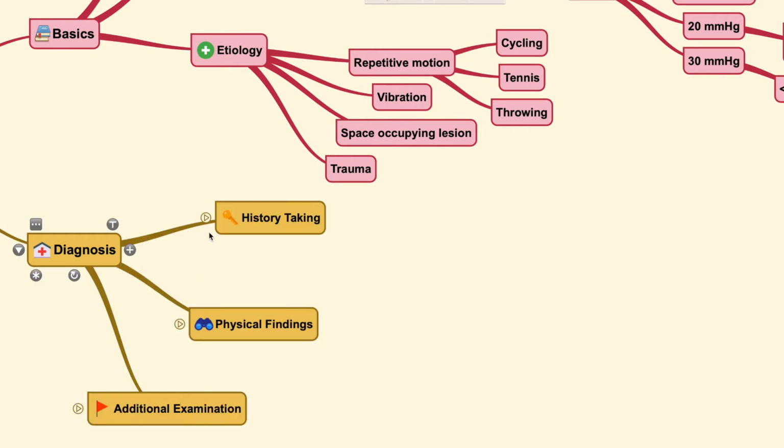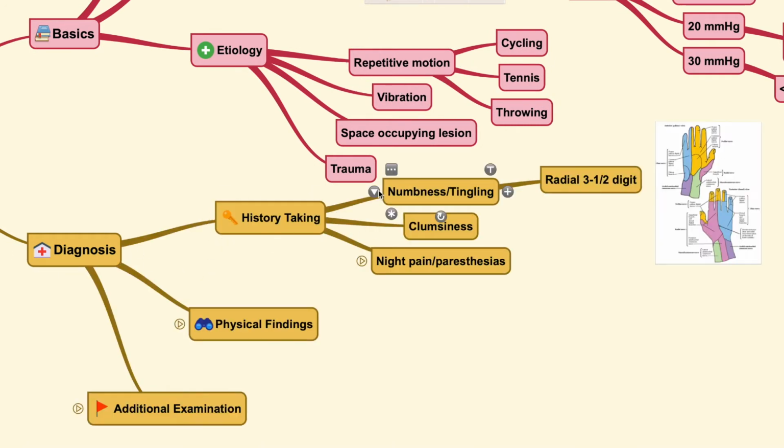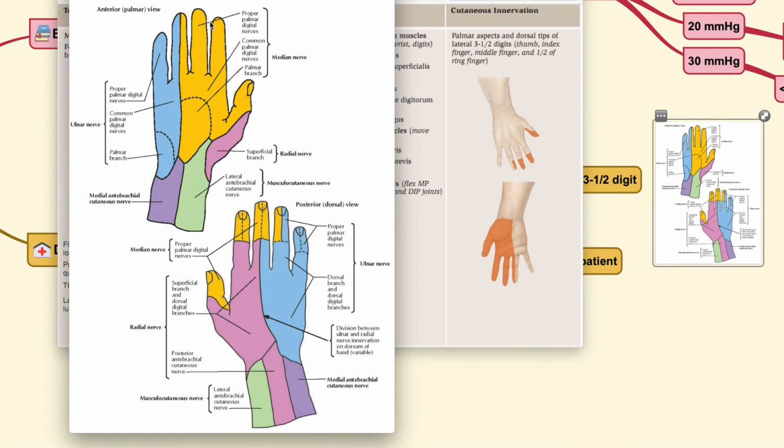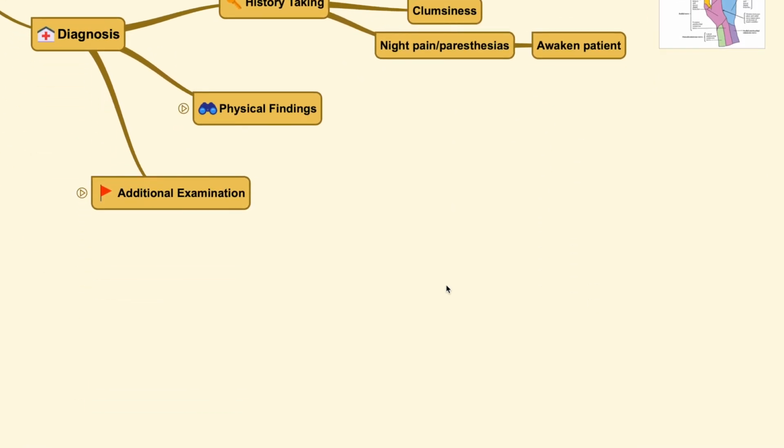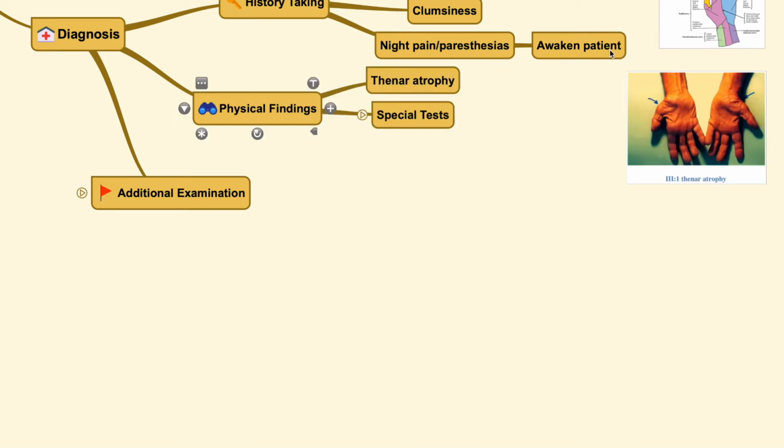For the diagnosis itself, after a good history taking, which involves numbness or tingling in the radial 3.5 digits, which is this yellow area here, remember, not this area but this area, radial 3.5 digits. You could also see that the patient experiences some clumsiness and also night pain, which may awaken the patient.